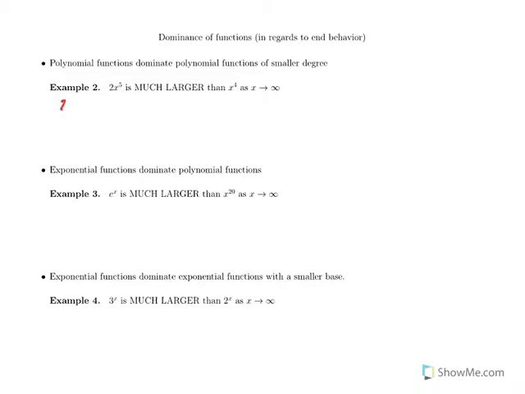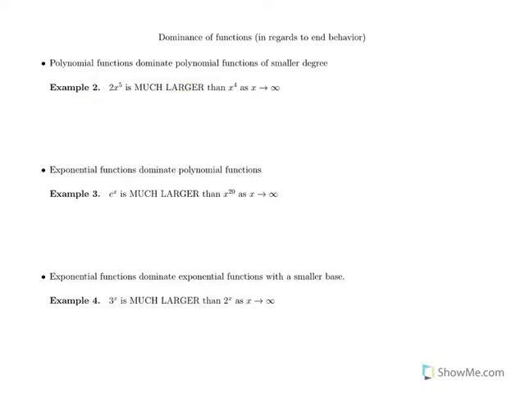But I could say that 2x to the 4th is not much larger than x to the 4th. Because of the same degree, we're not going to say that it gets much larger, but 2x to the 5th is. So if you have a higher degree, then that's going to be much larger.